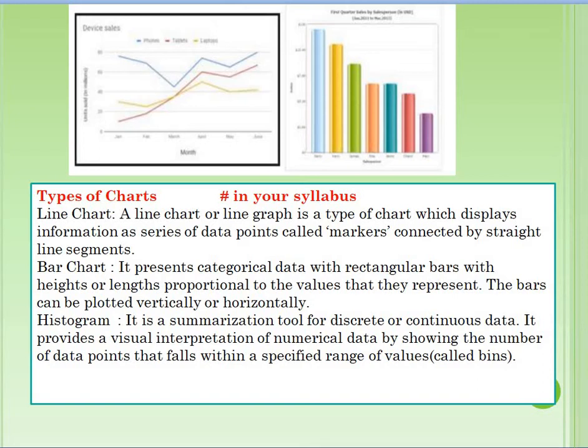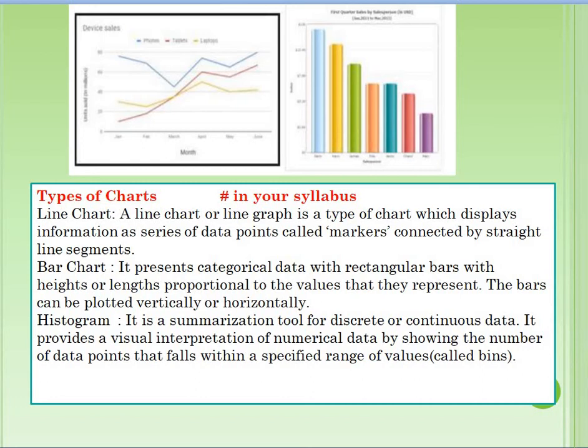Even in normal life, a line is created by joining 2 points. Likewise, when a line chart is created, x-axis and y-axis data is used for plotting the points, and then the points are connected to make a line. In this manner, a line chart is generated. A line chart or line graph is a type of chart which displays information as a series of data points, and these data points are known as markers, and connecting them, line segments are generated.